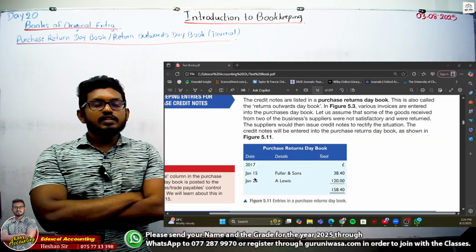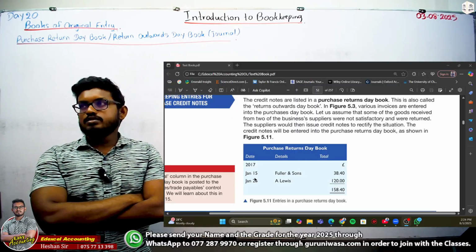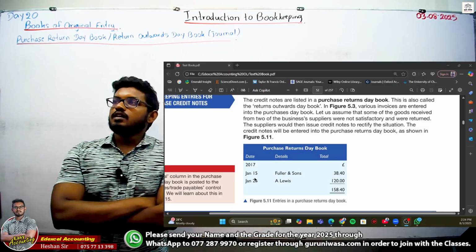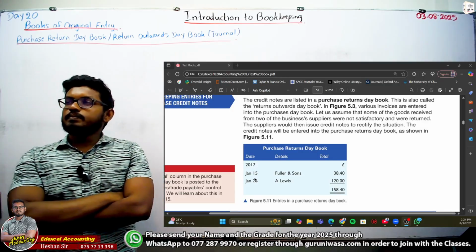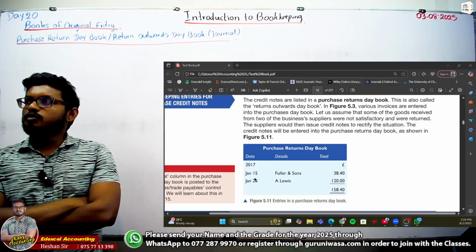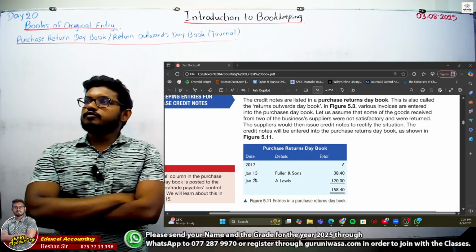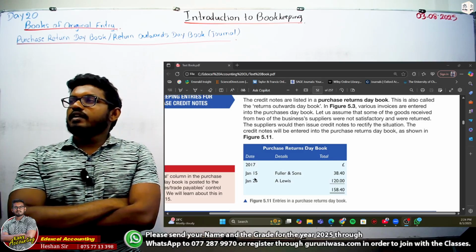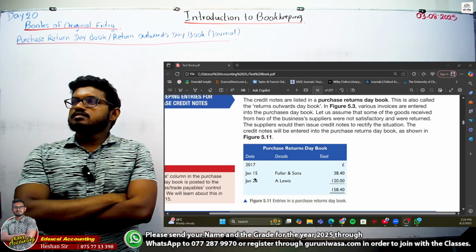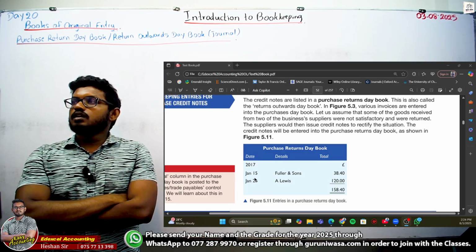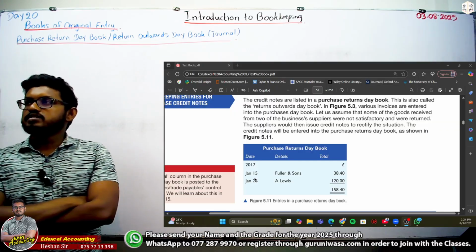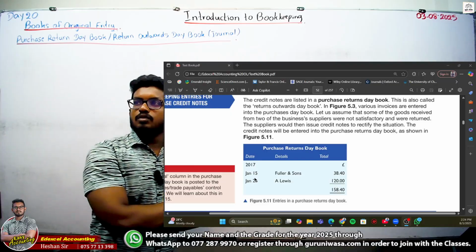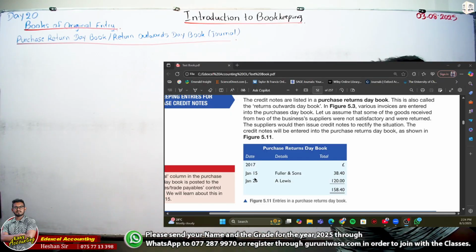That's why we base it on credit notes. This is also called the return outwards journal. Various invoices are entered into the purchase day book. Let us assume some of the goods received from two of the business's suppliers were not satisfactory and were returned. The supplier then issues credit notes to rectify the situation. The credit notes will be entered in the purchase return day book as you can see.